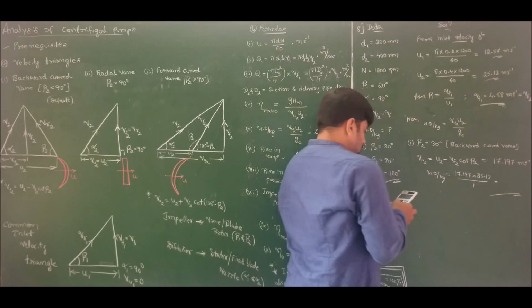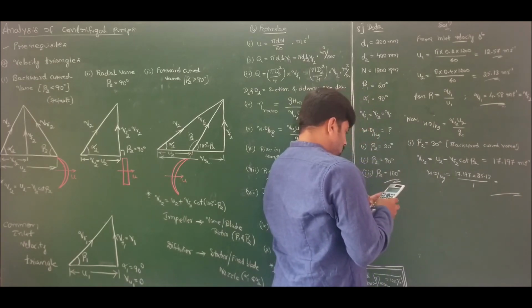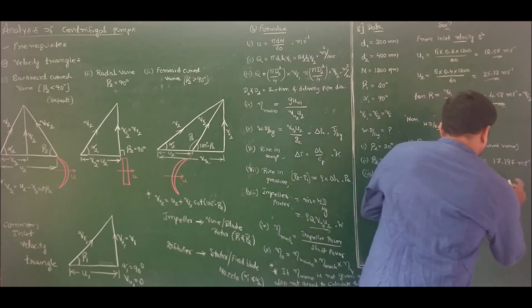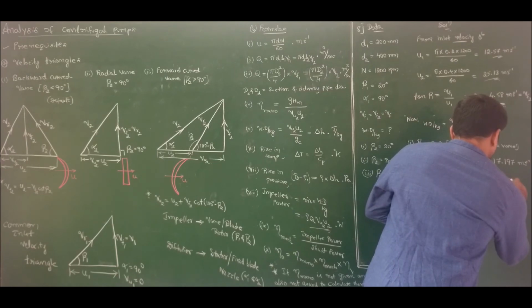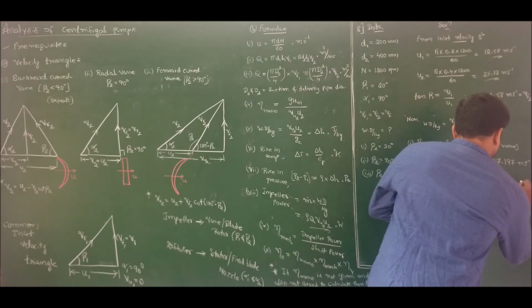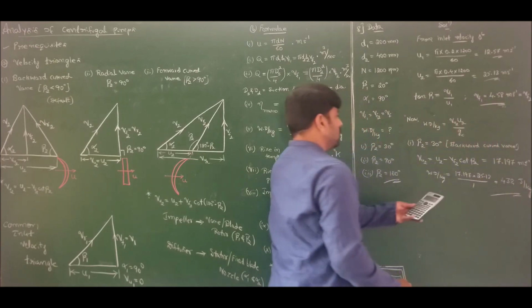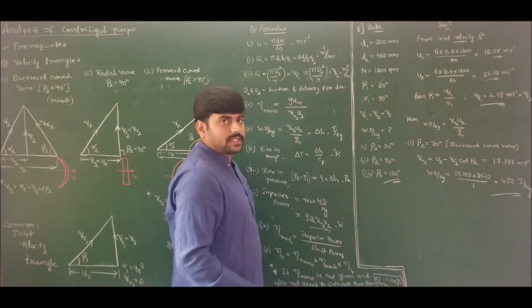So the answer is 432 joules per kg. This is the work done by the impeller for beta 2 equal to 30 degrees.